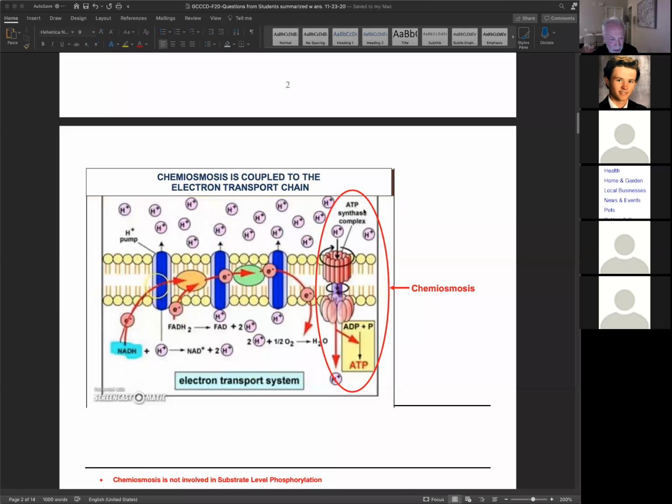And then chemiosmosis is circled here. It involves a channel and the enzyme ATP synthase, which takes a molecule of ADP plus inorganic phosphate and makes a molecule of ATP, which has a high energy bond that can then be used to generate energy to run, for example, enzyme reactions.